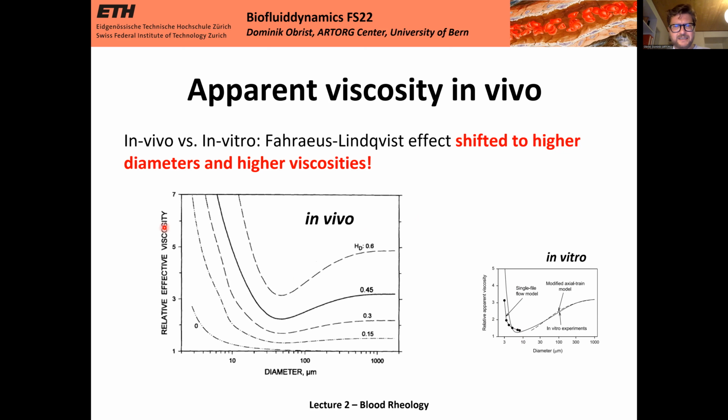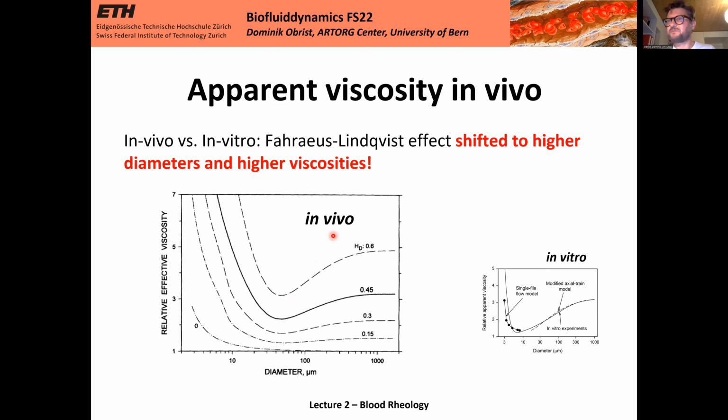When they did this in vivo, the curve still had roughly the same shape, but they did not have the minima at these low diameters. So the in vivo Fahraeus-Lindqvist effect was quantitatively different, shifted to higher values, to higher diameters.